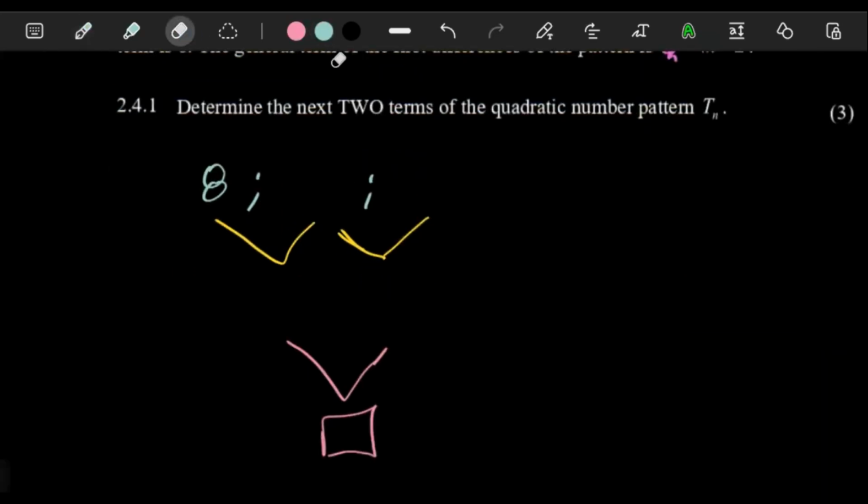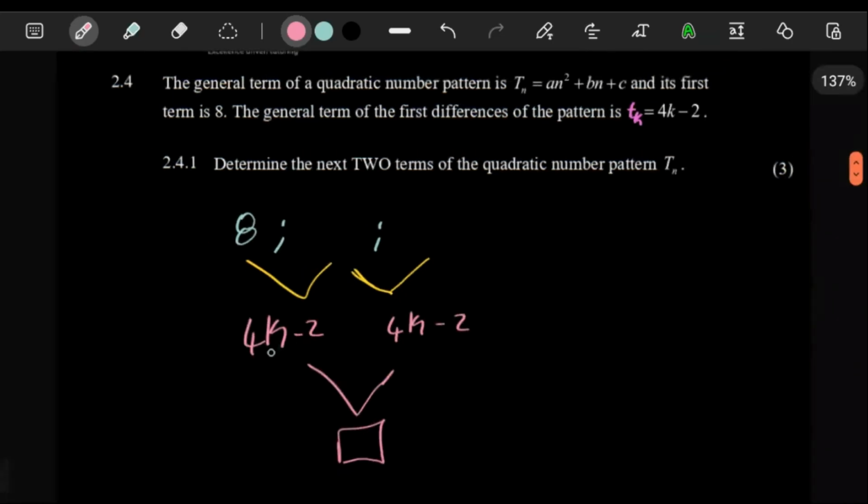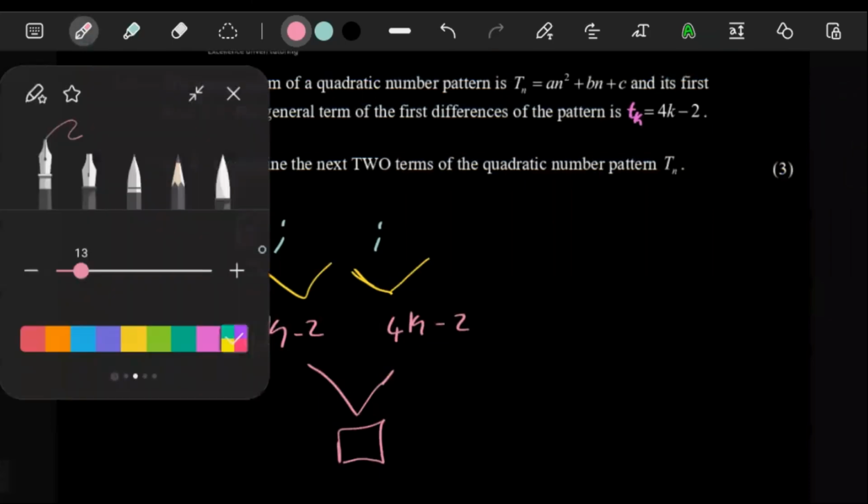Here the only thing we have is our 4k minus 2, and here also 4k minus 2. For whatever is in this position, we can just put 1. For whatever is in this position, we can just put 2.